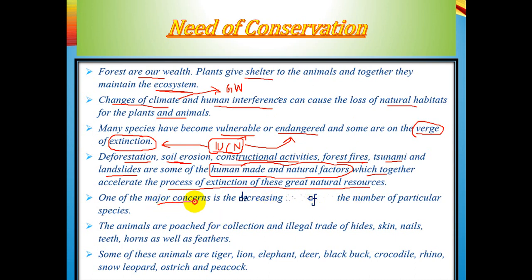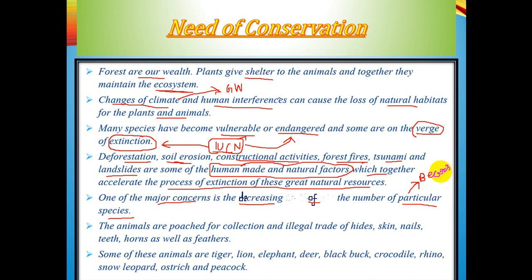Next, one of the major concerns is the decreasing number of a particular species. I'm just giving one example. You have heard about the red panda, and even the bears, which are present in the mountainous hilly areas. Now, these species are reducing. Even, I'm giving one more example: the Asiatic lion.